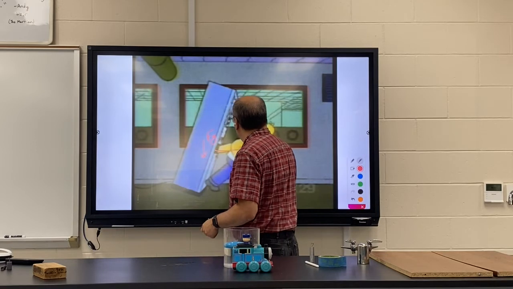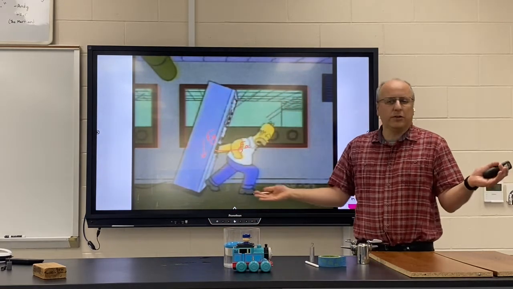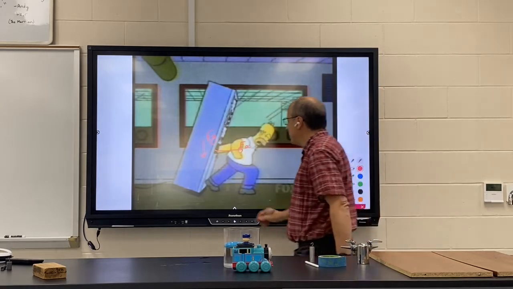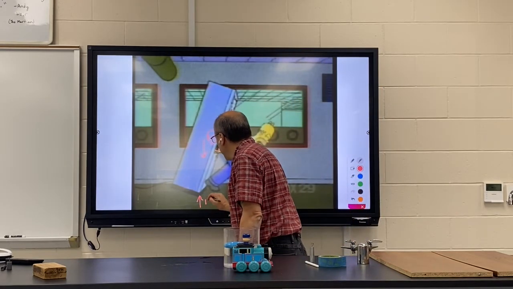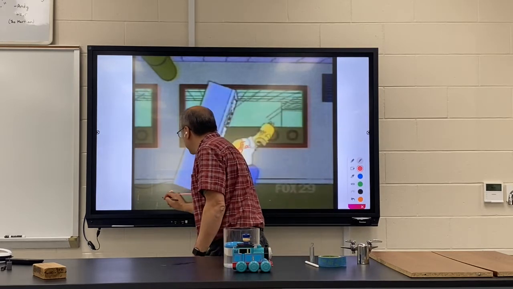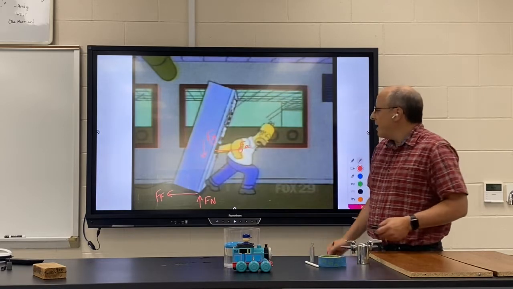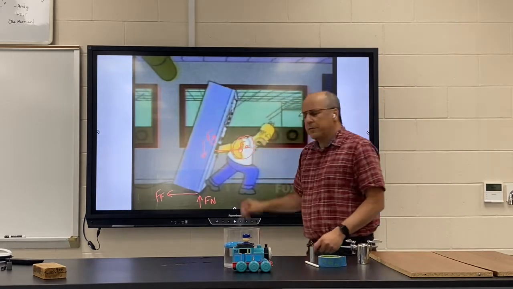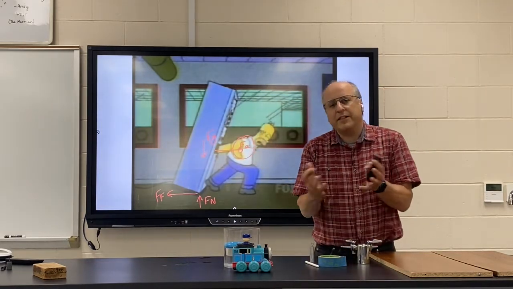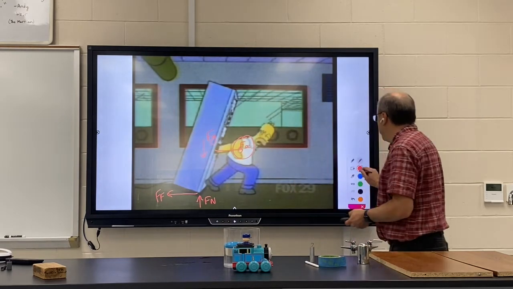We have Homer pulling it to the right. We can call it force applied, because who knows what force that is. We have force normal pushing it up. And as it slides across the floor, we have force friction. Again, this force applied is coming from Homer's muscles. You haven't learned about those types of forces yet, so just call it force applied.